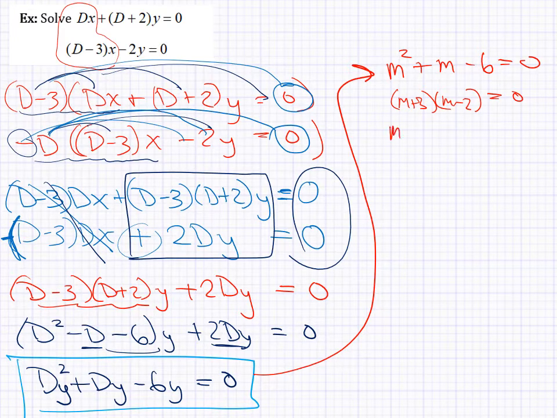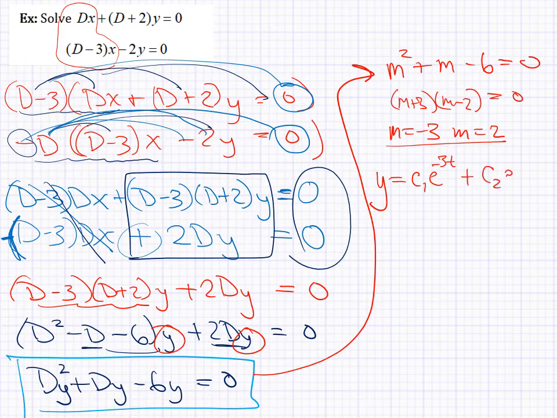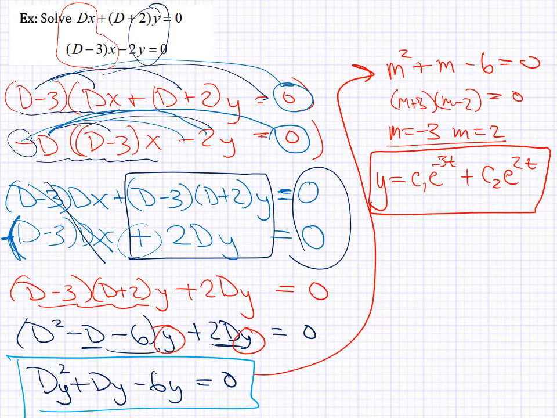So I get m equals negative 3 and m equals 2. Two distinct real solutions for this linear constant coefficient equation. Therefore, y, because that's what we're solving for here, would equal c1 e to the negative 3t plus c2 e to the 2t. So there's your y solution. All right. Now we have to go back and eliminate the y's and solve for the x's.